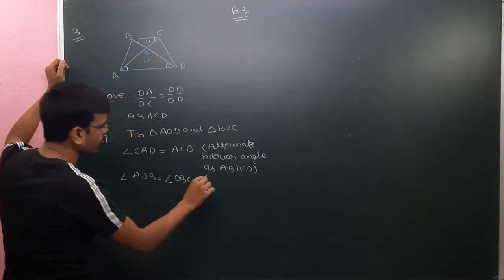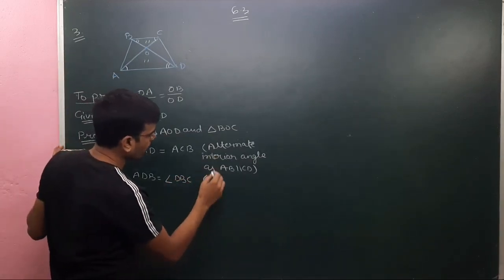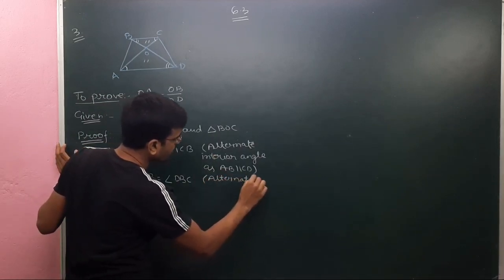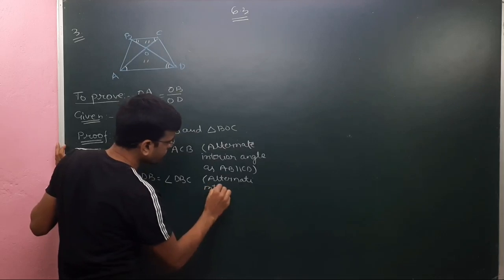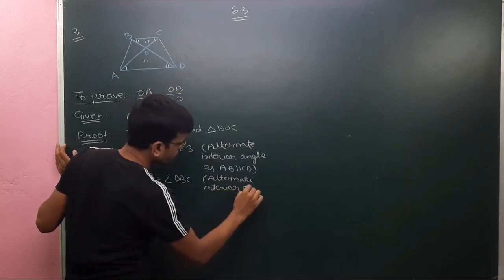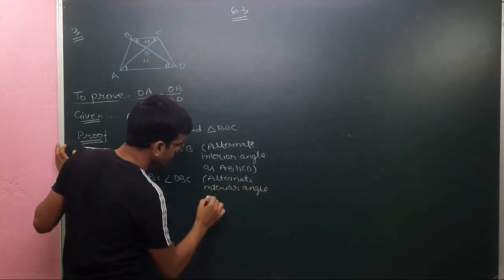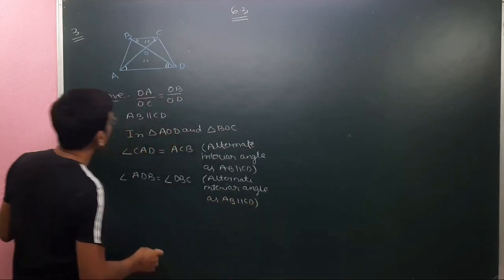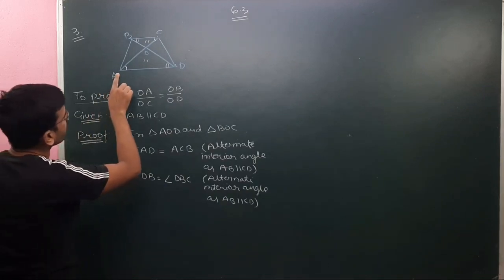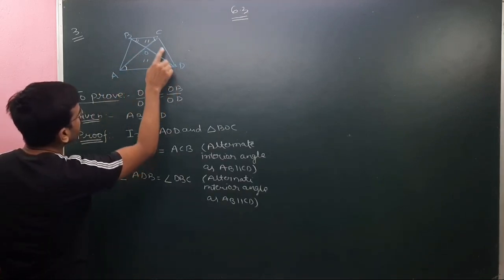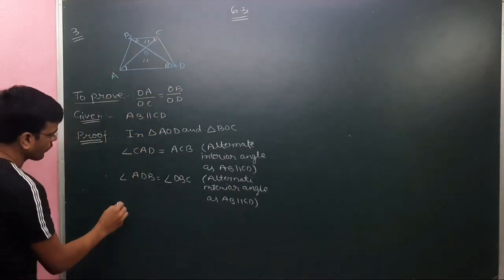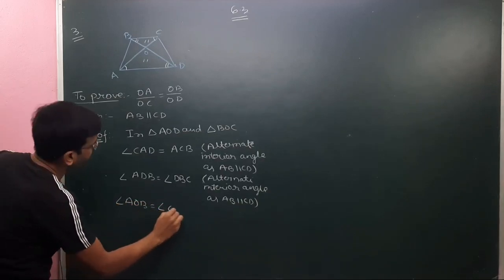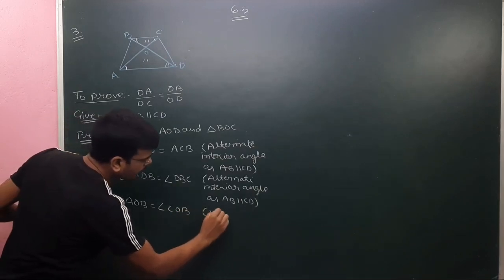Again, from the property of alternate interior angles, as AB is parallel to CD. And the third one is angle AOD is equal to angle COB. Angle AOB is equal to angle COB, vertically opposite angles.